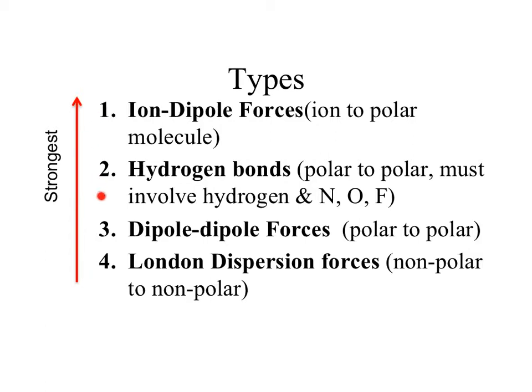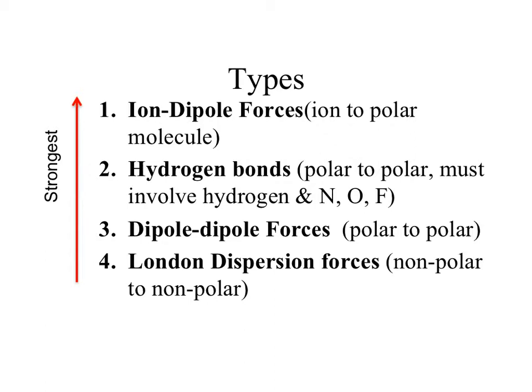The next strongest are hydrogen bonds. So these are polar molecules attracting to one another. But to be a hydrogen bond, it's a super strong kind of dipole-dipole. You have to have hydrogen bonded to F, O, or N. So hydrogen wants to have FON.